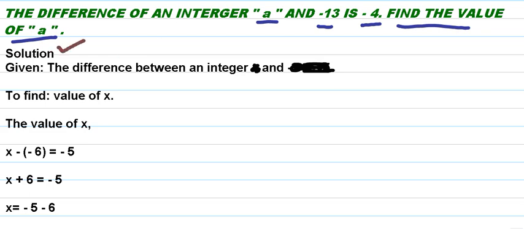First we write solution, then we write given. The difference between an integer a and minus 13 is, means equal, we write minus 4. To find what?